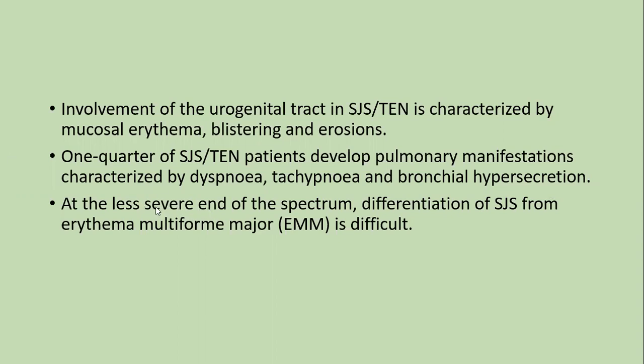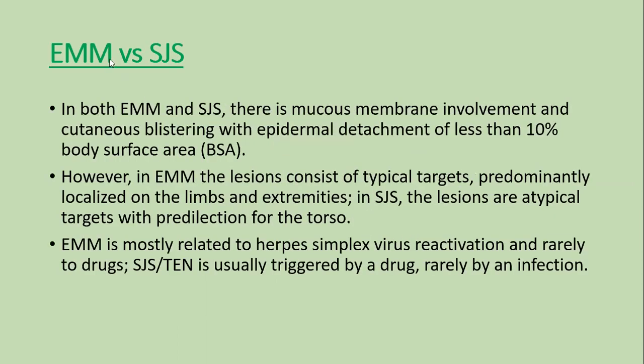In the less severe end of the spectrum, differentiation of Stevens-Johnson from EM major is difficult. Erythema multiforme major and Stevens-Johnson can be differentiated: both EMM and Stevens-Johnson involve mucous membrane with epidermal detachment of less than 10%.